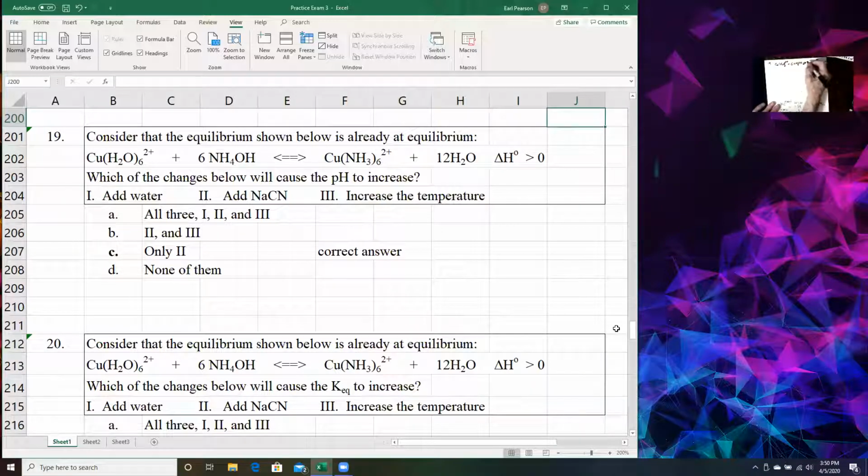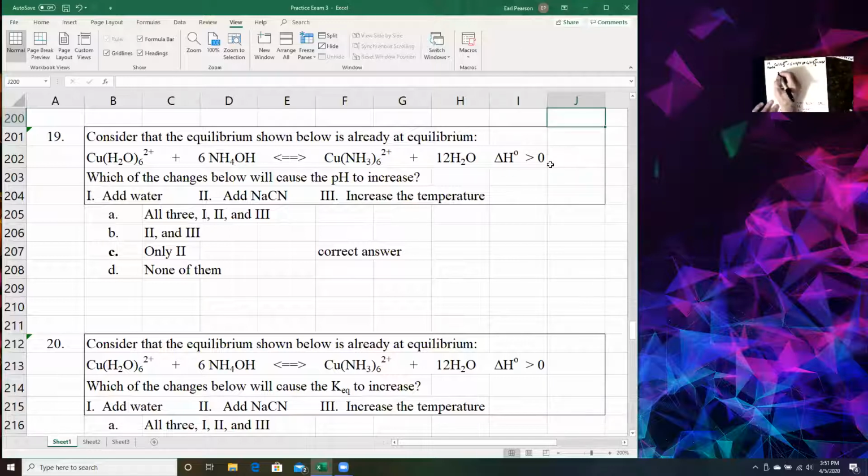Now it's also told me that delta H is greater than 0, which means it's an endothermic reaction. So I'm going to put the heat as a reactant. You have to put some heat in when this happens. So that's a reaction. It's endothermic. So now let's get back over here to our screen.